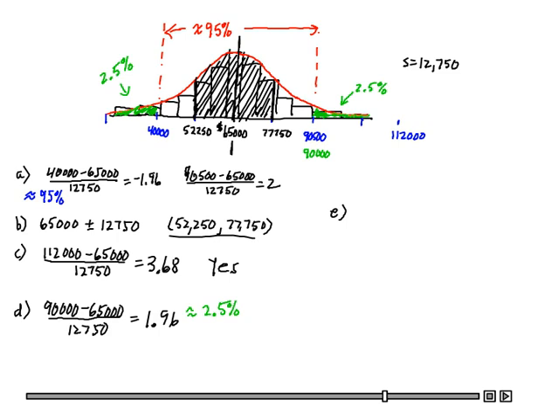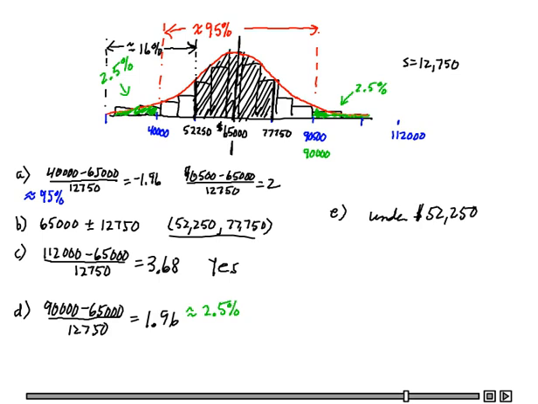So, if I look at the 52,000 all the way down to the end of the distribution, that's got to be approximately 16%. So my answer there is 16% of the homes are priced under the $52,250 mark.